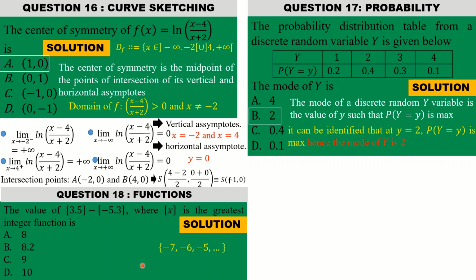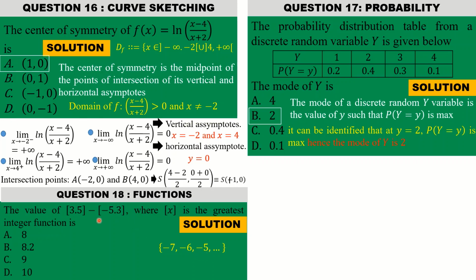Now let's demonstrate. We are going to look for the greatest integer of 3.5, and the greatest integer of negative 5.3. Now negative 5.3 is between negative 6 and negative 5.